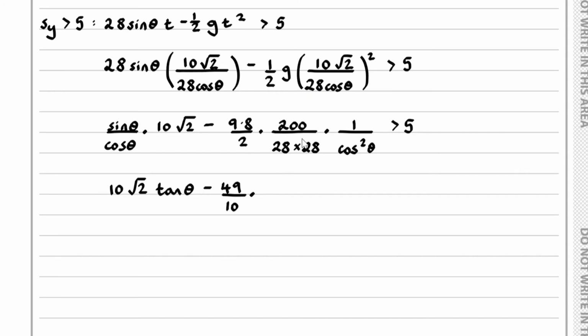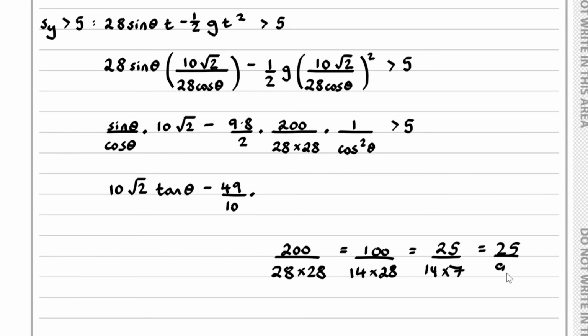I can divide the top and bottom by 2, so that will leave 100 over, well, think about it, if I just write it out outside, I've got 200 divided by 28 times 28, which is the same as 100 divided by 14 times 28, divide top and bottom by 4, so I would end up with 25 over 14 times 7, which is 25 over 98.